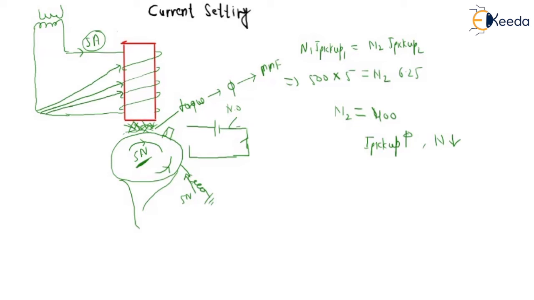So let us assume this is 100%, meaning I pickup 1 is equal to 5 ampere correspondingly.